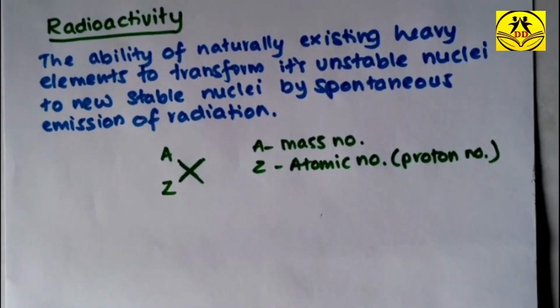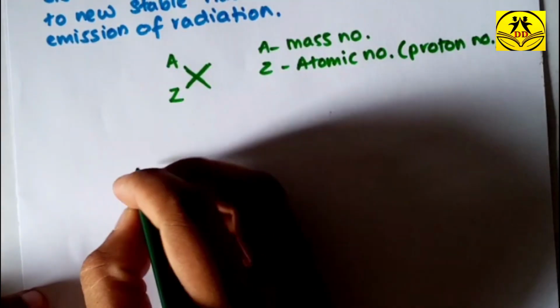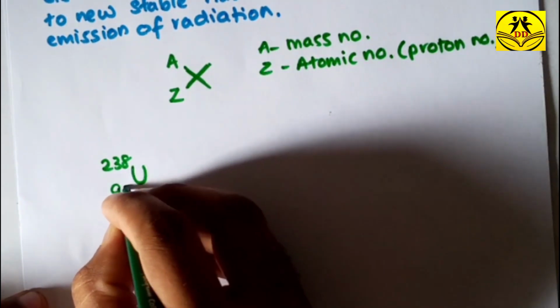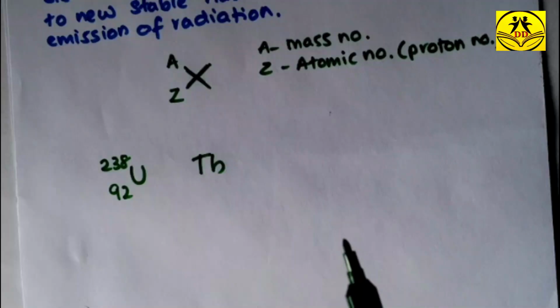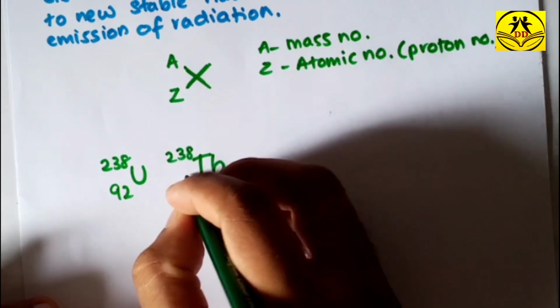As examples for nuclei, there are radioactive nuclei like uranium 238, 92 and thorium 238, 90.